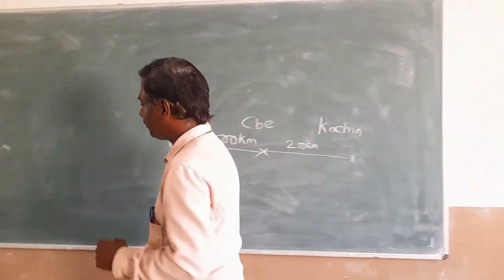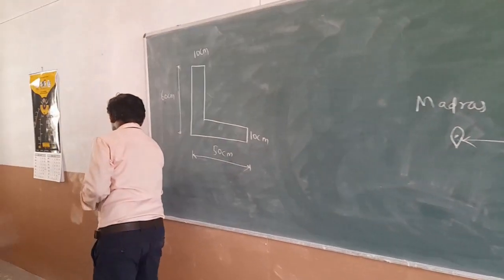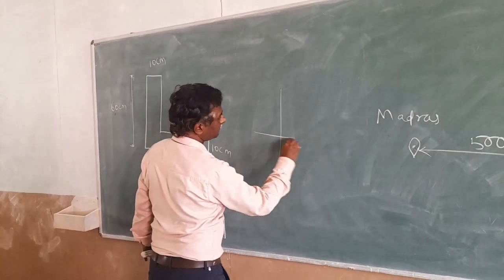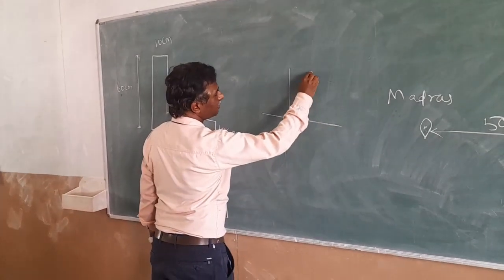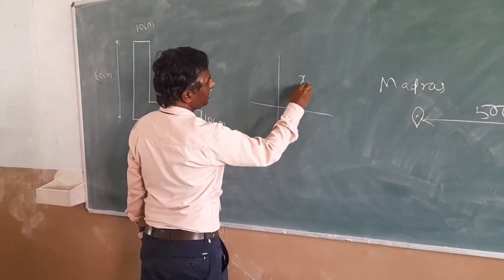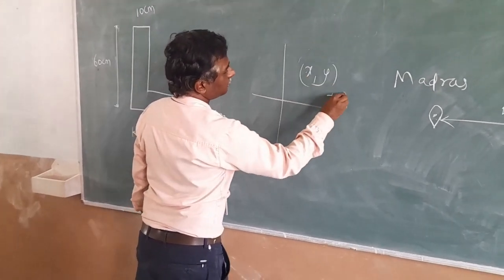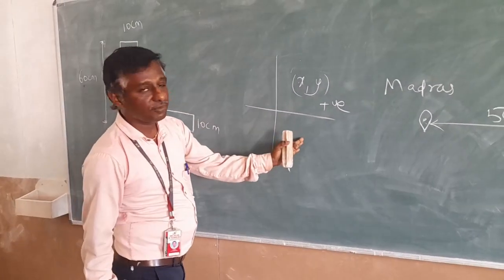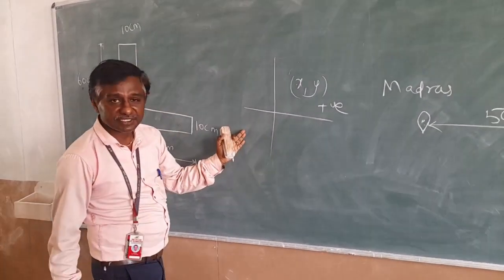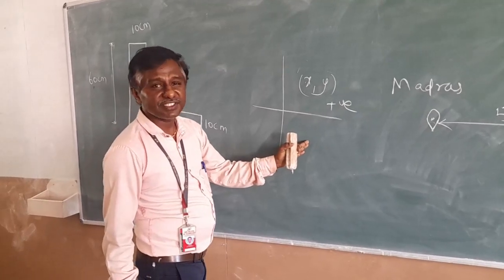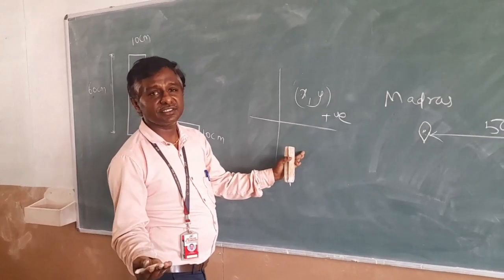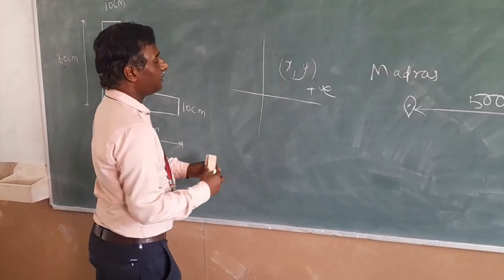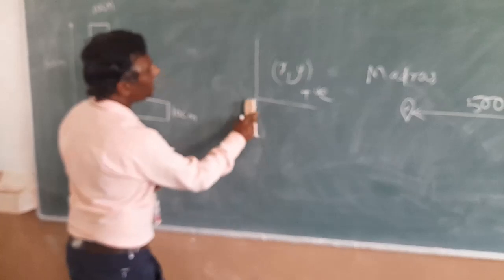For that I am going to have one reference axis. The reference axis will be the first quadrant, because in this quadrant alone x and y are positive. Here x is negative, here y is negative, here both x and y are negative. So I am taking all the things in the positive direction, so it must be in the first quadrant.